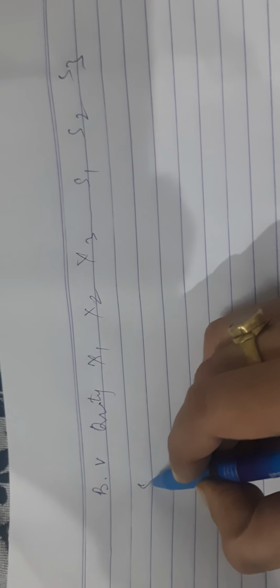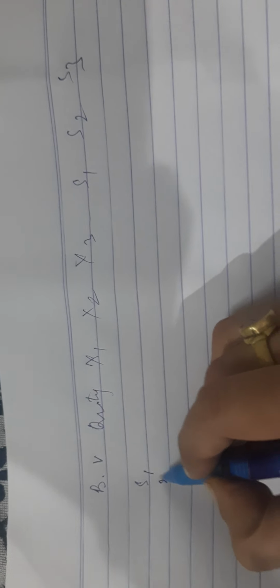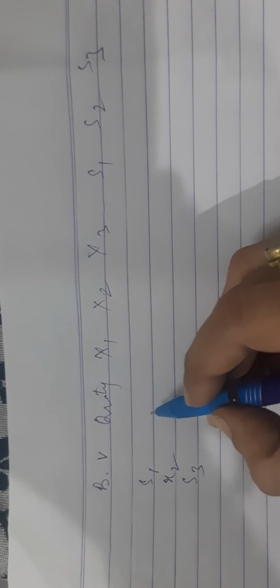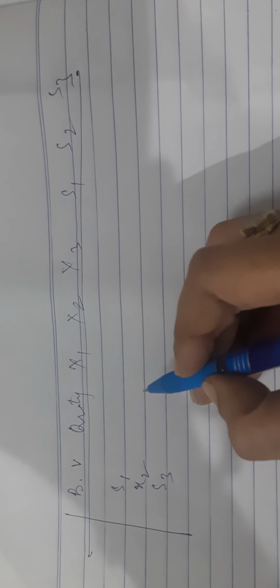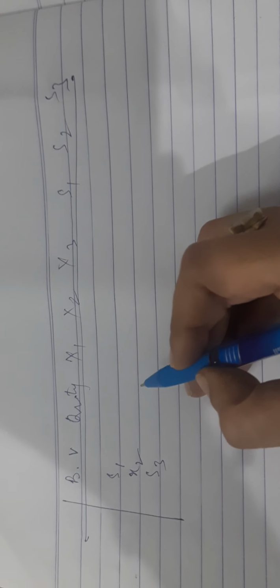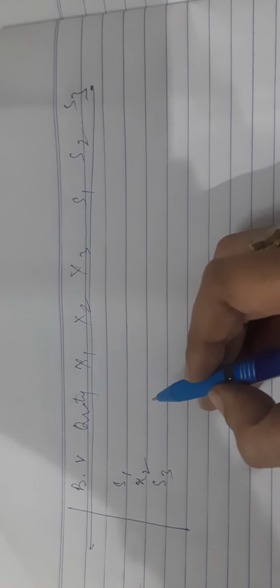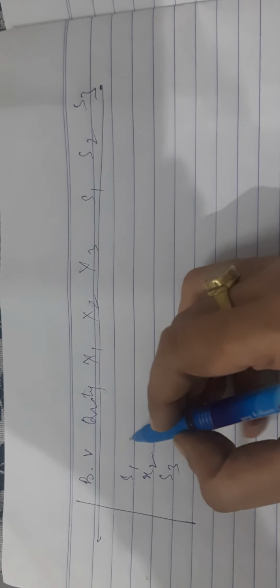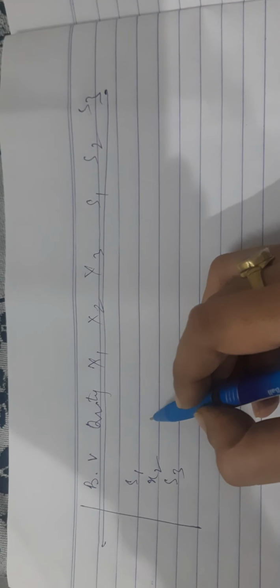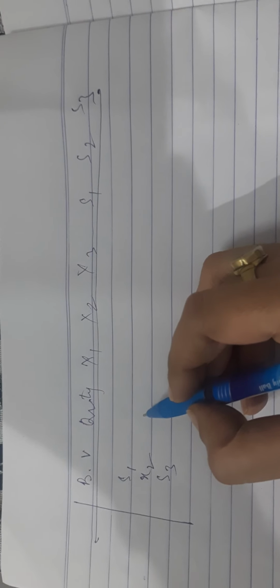So s2 moves out and x2 comes in. So s1 remains at its place, x2 enters, s2 is removed, s3, and now the values that I'll calculate. You can watch my previous videos for how to calculate the values for the key and non-key rows. I've discussed a complete problem on Simplex. So assuming that you know them, I'll simply discuss the problem of unbounded.